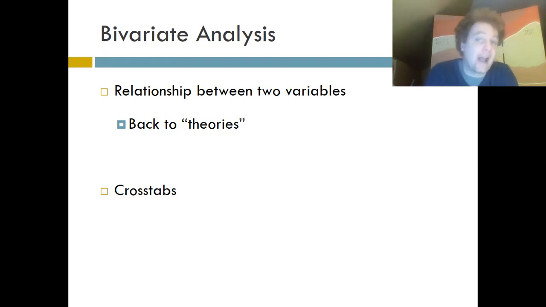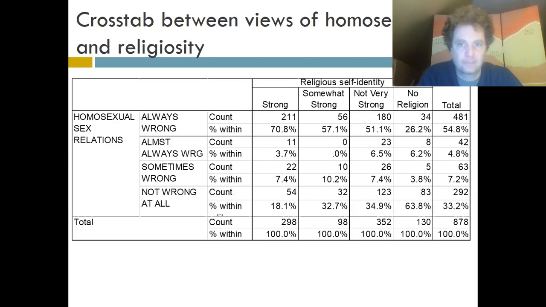Okay, so how do we do that? With univariate analysis, we use a distribution table. With bivariate analysis, we're going to use what's called a crosstab. It looks very similar to a distribution table, and to some degree, it essentially is. We have a table that's now not just one question, but two questions.